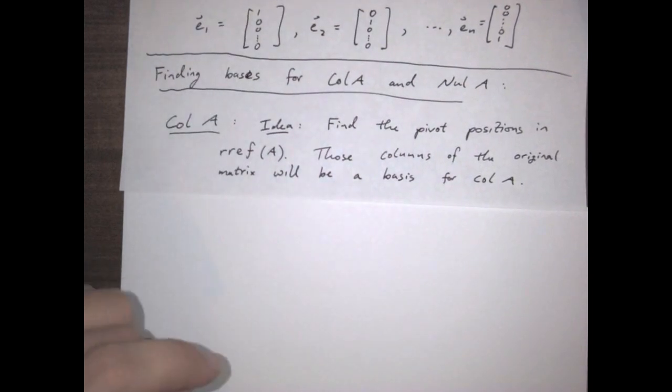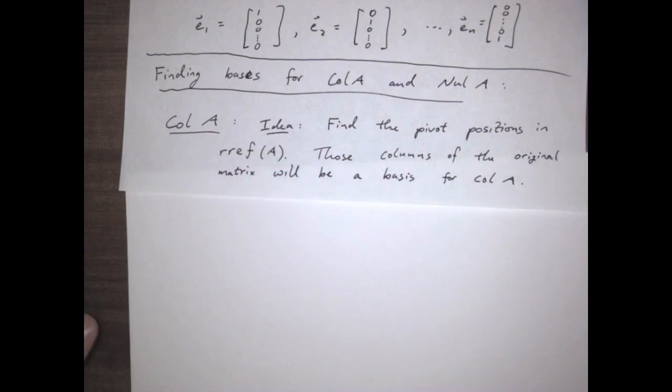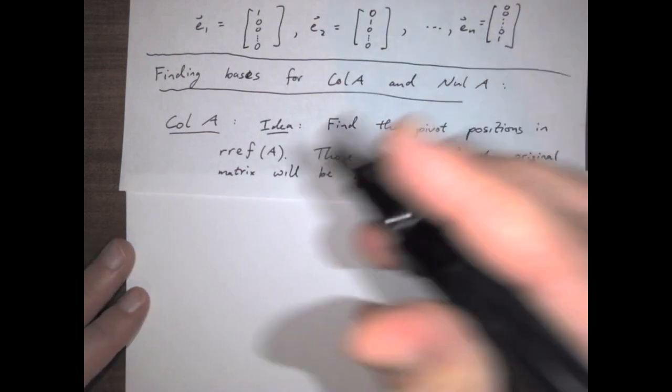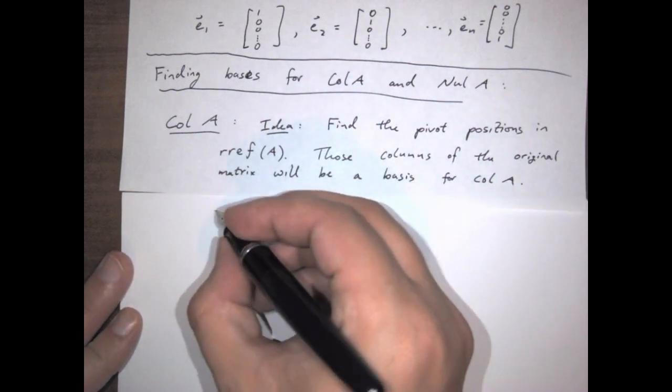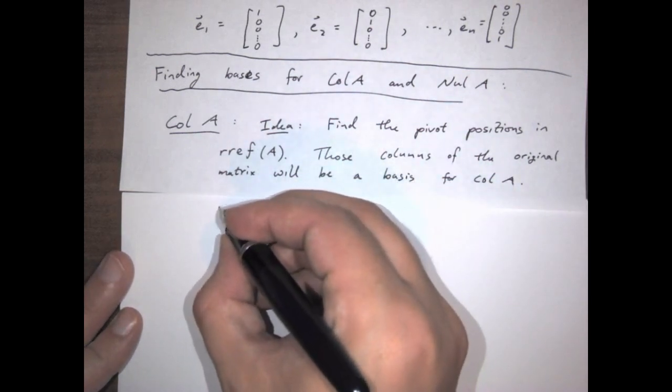Now, what it means when you've identified a particular collection to be the basis is that, number one, they're linearly independent of each other, so no one of them can be made as a multiple of the others. And number two, together they will be able to make all the other elements.